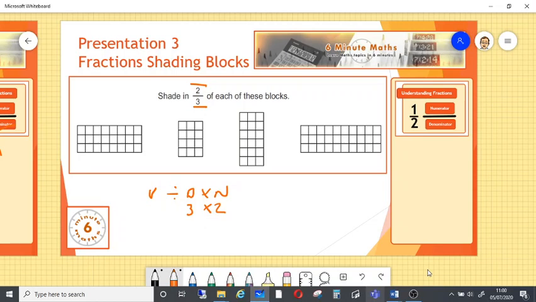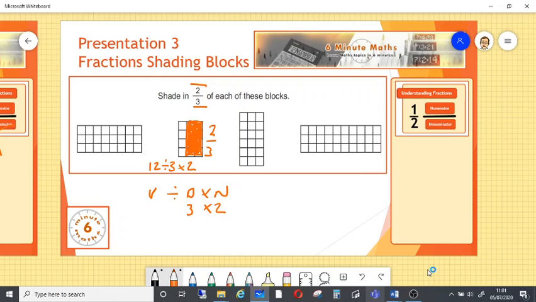So 12 divided by 3 times by 2. 12 divided by 3 is 4, times by 2 is 8. So 2/3 of 12 is going to be 8 blocks shaded. Trying to be a bit neater. I could change my thickness of my pen and that would make it easier. I don't know why I didn't think of that earlier.